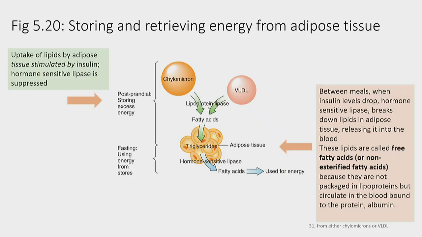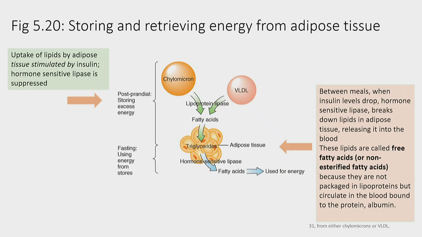We'll talk here about when we are eating, we store fat, right? We store the energy in the form of fat, and this is regulated by the hormone insulin. When we digest the food, because of the presence of carbohydrate, the insulin level will increase in our body. That regulates the uptake of the fat from the chylomicron mainly, because it is the source of fat from food, and the LDL also.